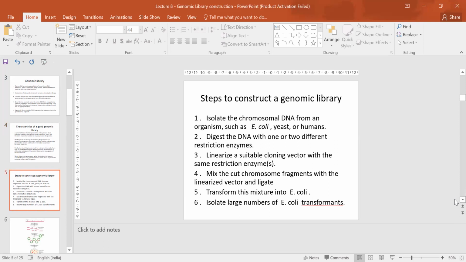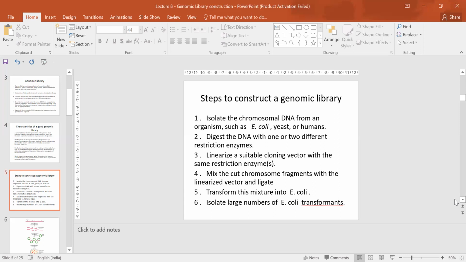So there are different steps of genomic library preparation. First, isolation of the genomic DNA from an organism, for example, E. coli, algae, fungi, yeast, human being. Digest the DNA with a restriction enzyme, and linearize the suitable cloning vector with the same restriction enzyme so that they have the same type of overhang region for proper ligation.